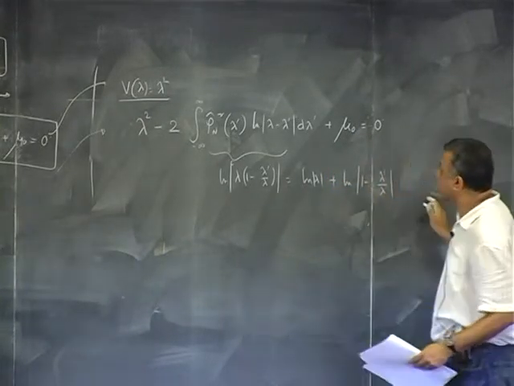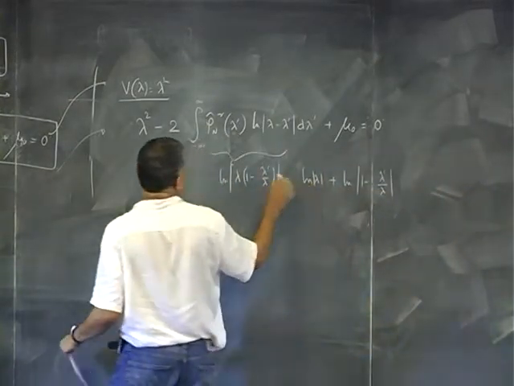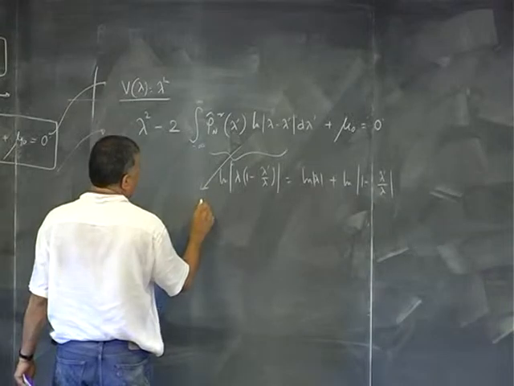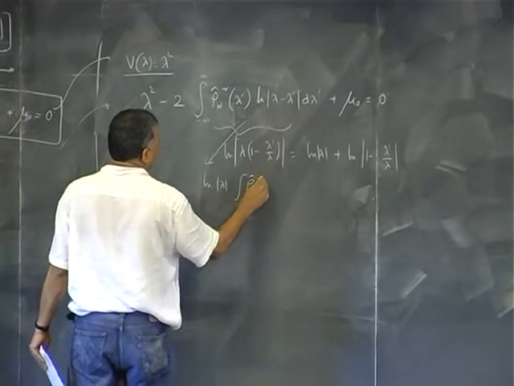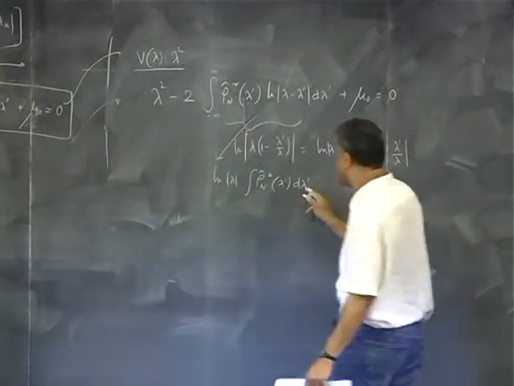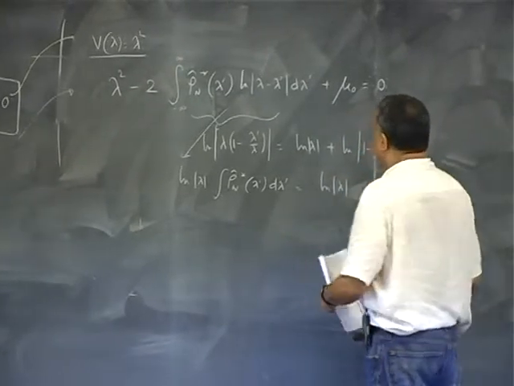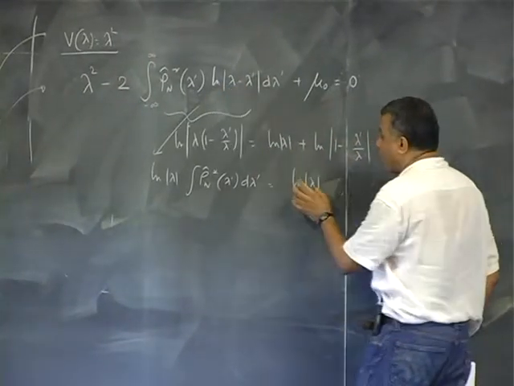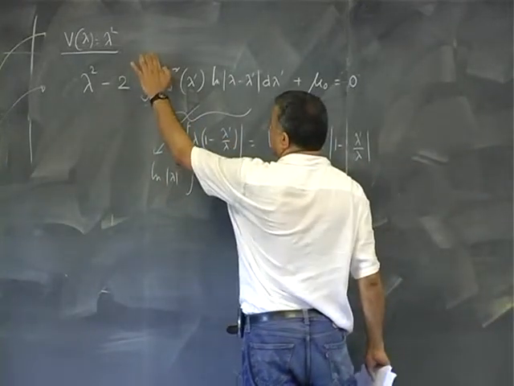So in a large lambda expansion, the dominant term is log of mod lambda times the integral of rho n star lambda prime d lambda prime, which by definition is 1. So for very large lambda, the second term behaves like log of modulus lambda if the integral goes from minus infinity to plus infinity.